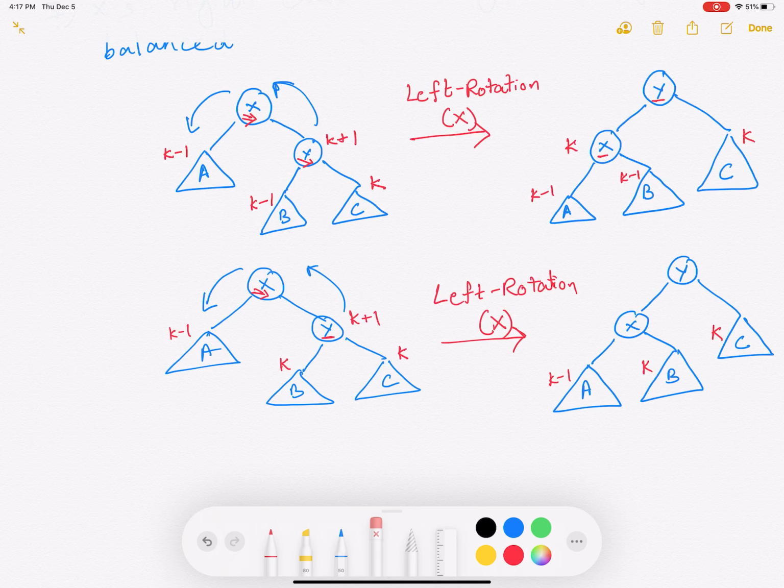So X is now right heavy, but it's only singly right heavy, that's fine. Its height is going to be k plus 1. And you can see that Y is now left heavy, but only singly left heavy, and this is balanced. So you do a left rotation on X.